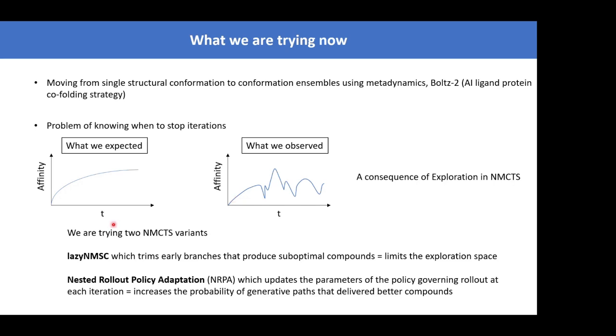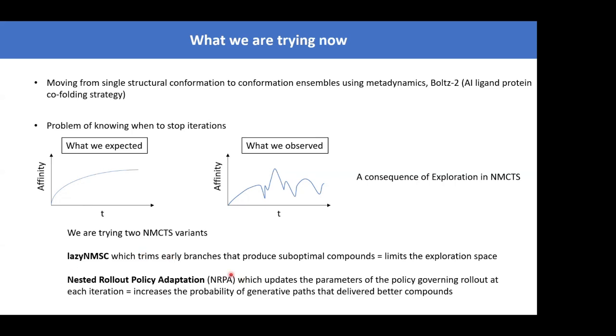So we are trying at the moment two further variants of NMCTS. One is called lazy NMCTS, which prunes branches of the tree that seem to consistently perform less well. By doing that, it will limit the exploration side of things, improve a bit on the exploitation, and hopefully make the curve a bit more like this.